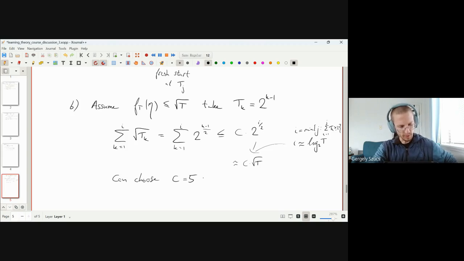There are some rounding errors here, but accounting for all of that, we get another square root of t bound with a factor of 5. Right, so we do get an anytime algorithm this way with a slightly worse, but asymptotically the same, up to a constant, bound as the non-anytime version.